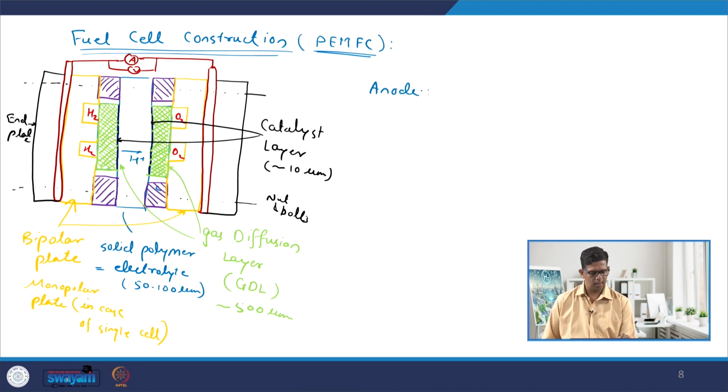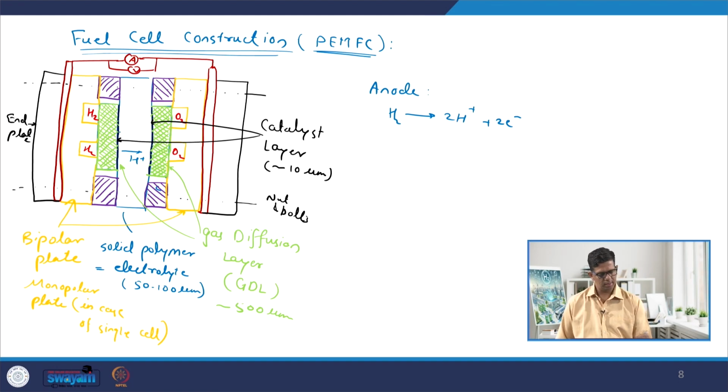Whenever we have gases supplied on the respective electrodes at anode, we know that hydrogen gets oxidized to protons and electrons. These protons pass through this electrolyte and electrons pass through the external circuit. So, what is the process?